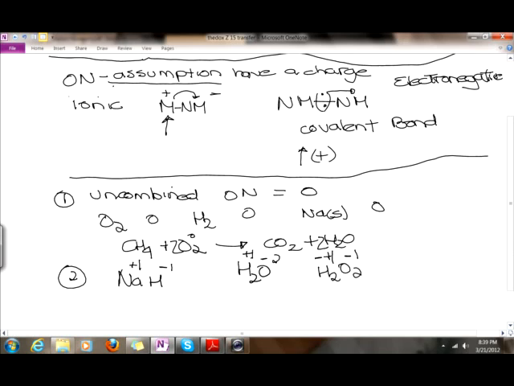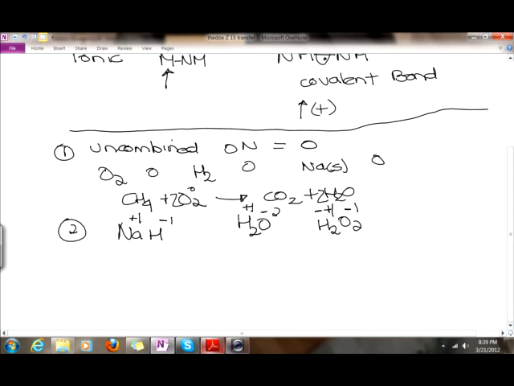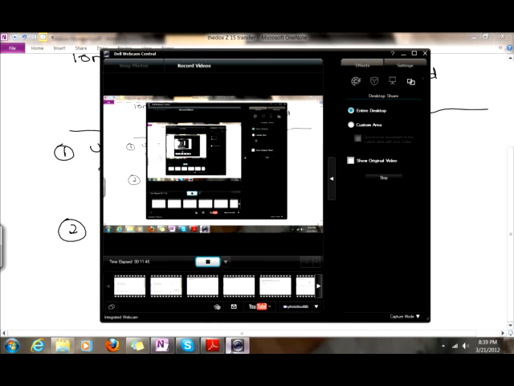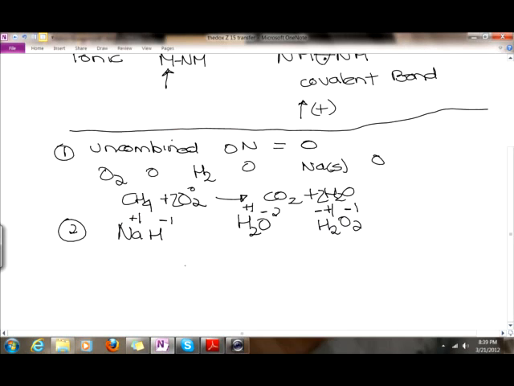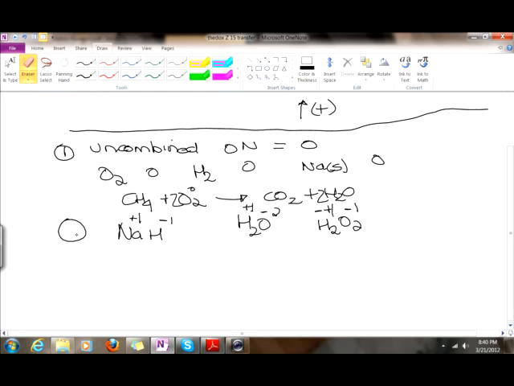Now I'm going to explain several things about oxidation number, and keep going with the fourth rule. Sorry, but this would be rule number 3, and I skipped rule number 2.